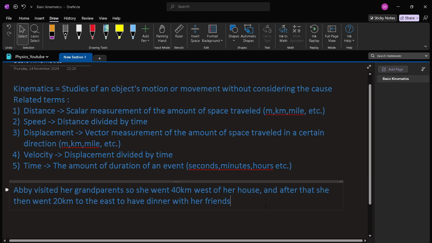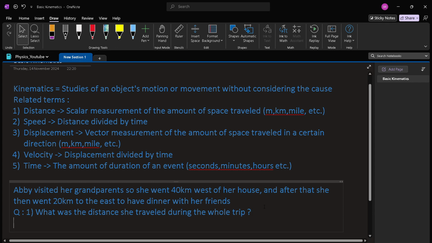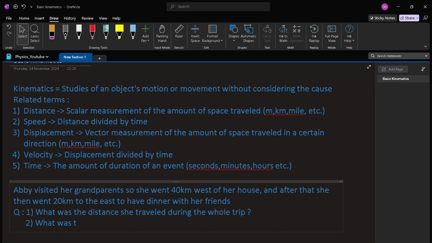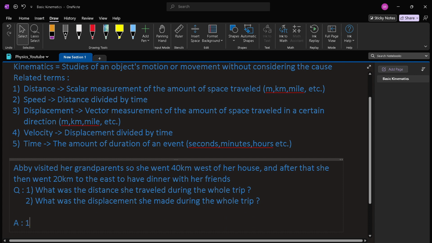Now the questions are, number one, what was the distance she traveled during the whole trip? And number two, what was the displacement she made during the whole trip? Let's answer the first one.